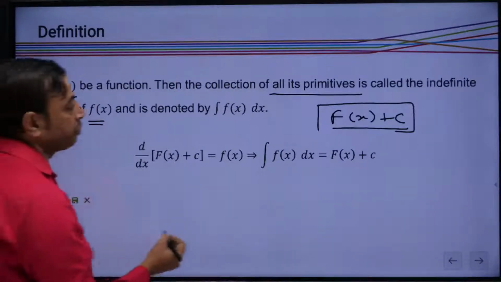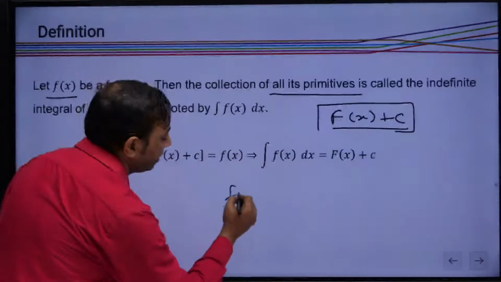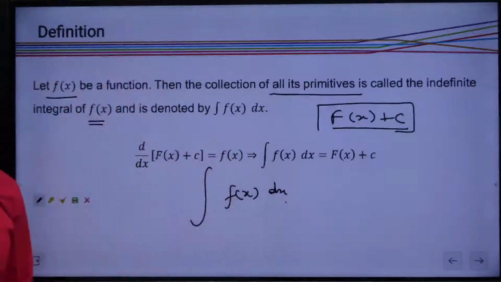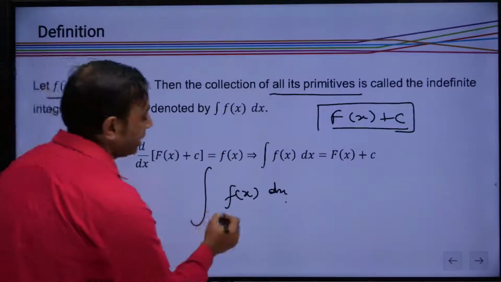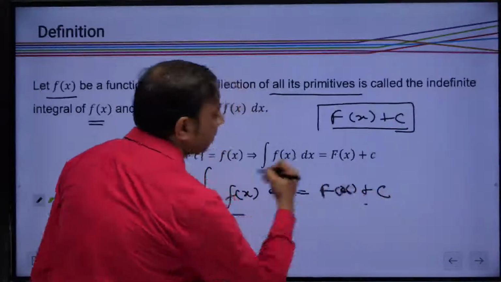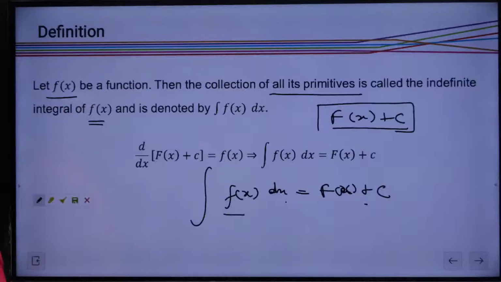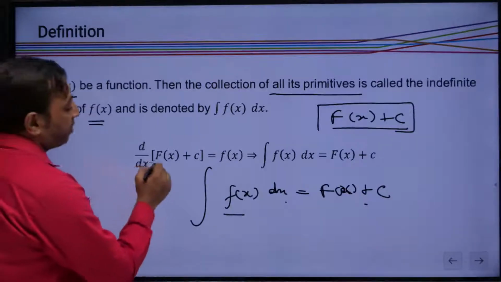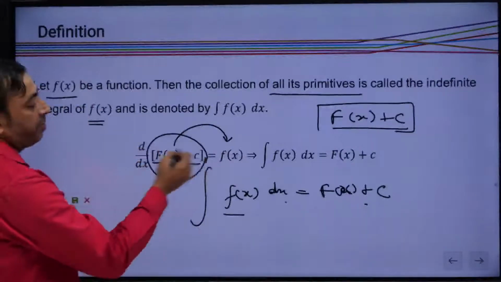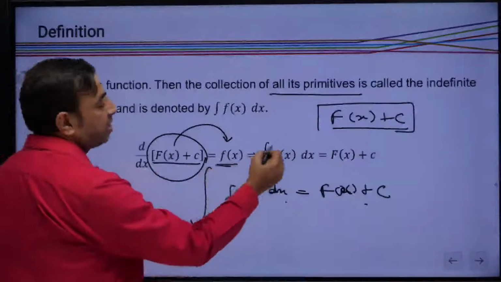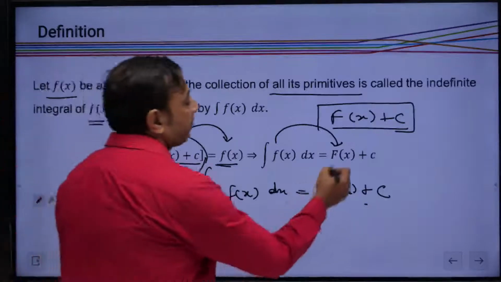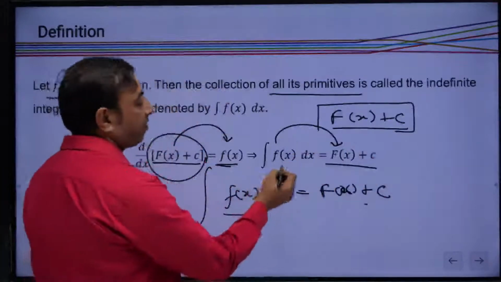The notation we use is that we integrate fx with respect to x, dx. When we integrate this function fx, we get all possible primitives, so we get Fx plus c. The differentiation of Fx plus c will give us fx, so these are the collection of all possible primitives.